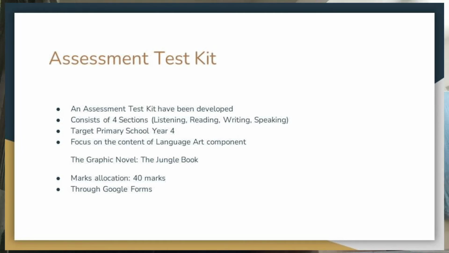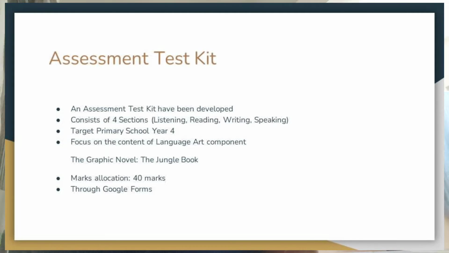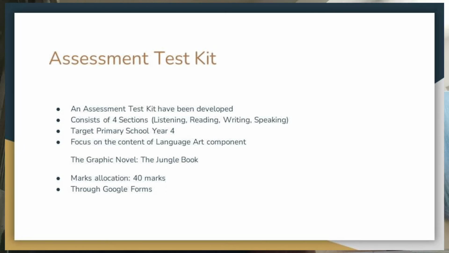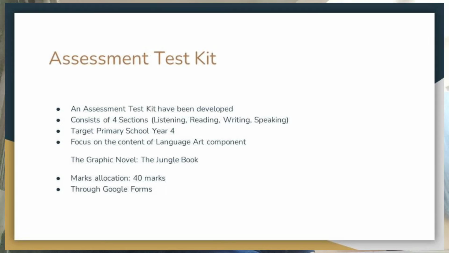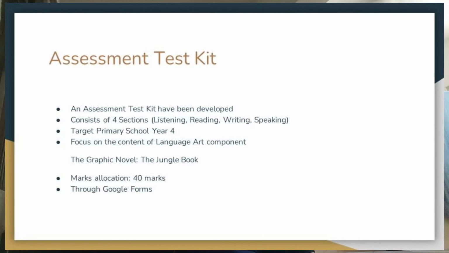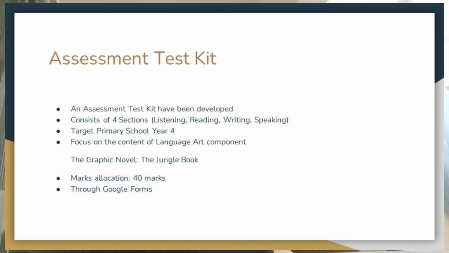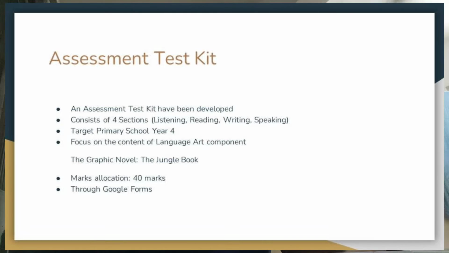First is the listening section, which assesses students' listening skills. Next, we have the reading section for reading skills, and the writing section to assess students' writing skills, and the last section is the speaking section that assesses students' speaking skills.